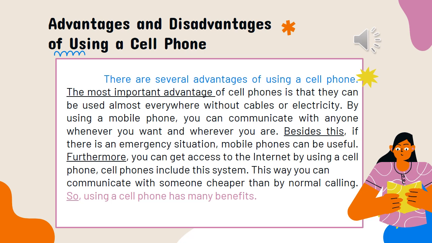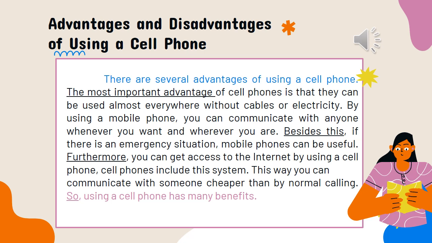And then I continue. By using a mobile phone, you can communicate with anyone whenever you want and wherever you want. So this is similar to the first supporting detail. It adds to it, it explains it. So this is what we write in the supporting details. Details that explain and support our main idea.